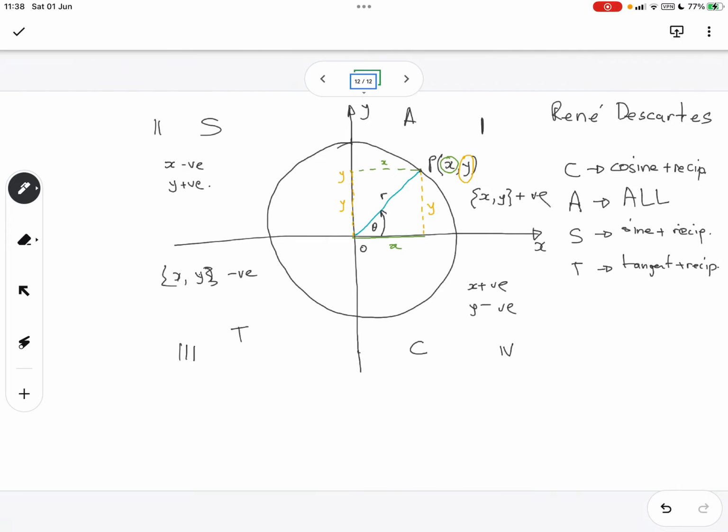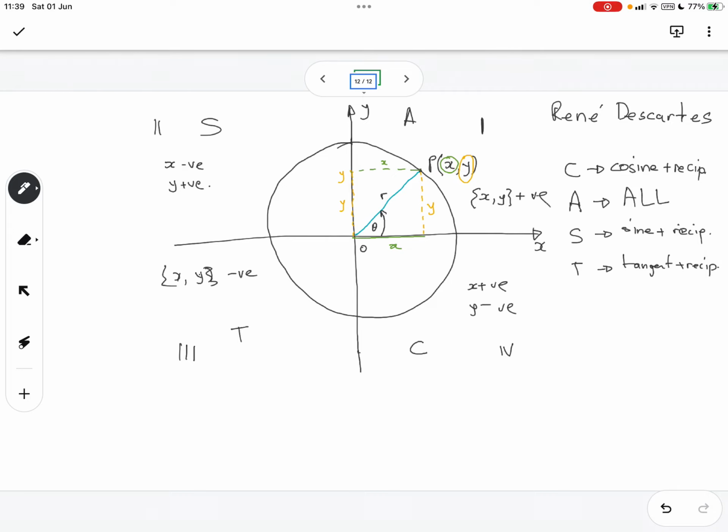And in the third quadrant, where both x and y are negative, negative divided by negative will give us positive. So that means tan is positive in there, but it means sine and cos are negative there.